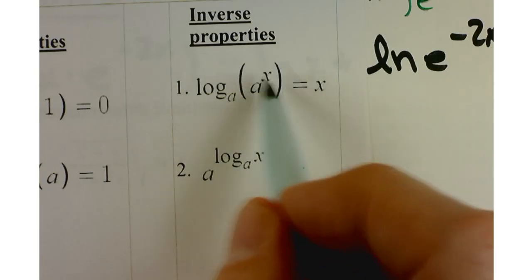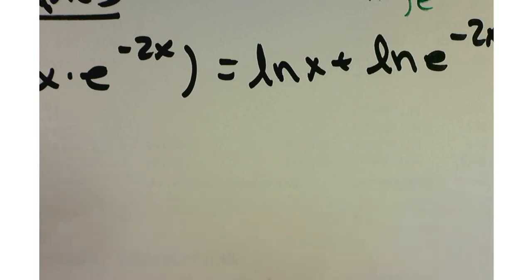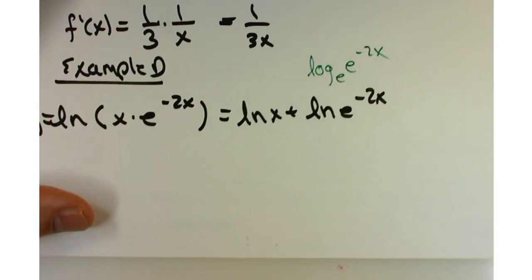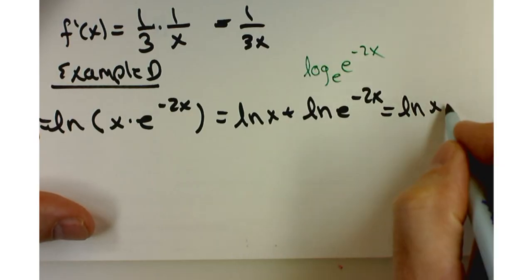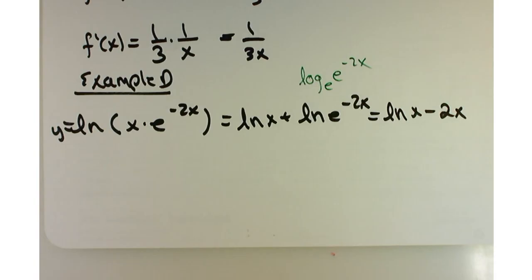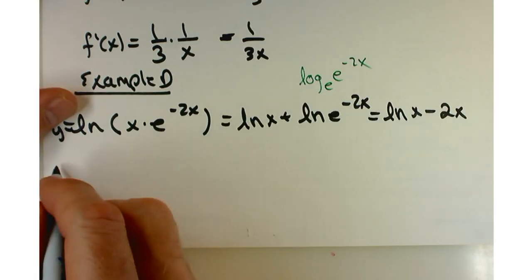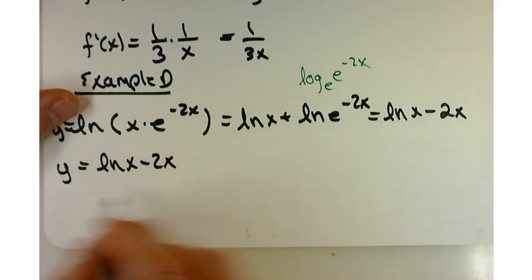They cancel each other out. You just get the exponent. So what's the exponent for us in this case? Negative 2x. So it's ln of x minus 2x. And differentiating this is going to be a lot easier than what we would have had to go through to start with. So let's go back over here. Y equals the ln of x minus 2x.